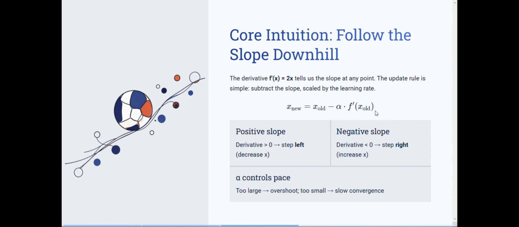And a very large learning rate can overshoot the minimum, while a very small learning rate makes learning extremely slow. So choosing the right learning rate is extremely important in ML and deep learning systems. So yeah, this is the core intuition behind follow the slope downhill, while writing a proper gradient descent.